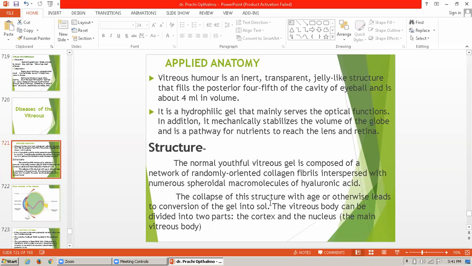The collapse of this structure with age or otherwise leads to the conversion of the gel into solution. The vitreous body can be divided into two parts. The first one is the cortex and the second is the nucleus, the main vitreous body.